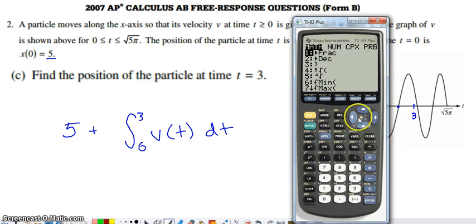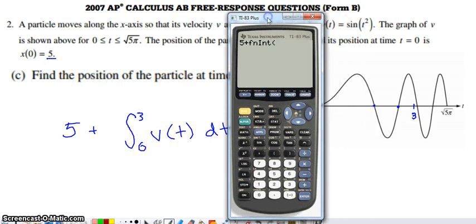To do an integral from the home screen, I'm going into the math menu, and at the bottom of this list there's a function integration feature. And we want to type in the function that we're going to integrate. So the function we want to integrate is sine of t squared, or sine of x squared. So here is the function we want to integrate. I next need a comma. Now I'm going to specify the variable of integration. Well, the variable I gave the calculator there was x.